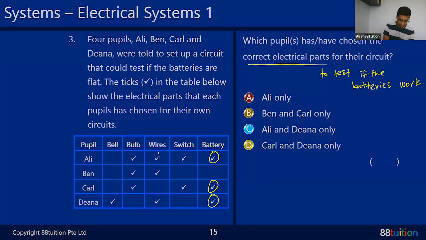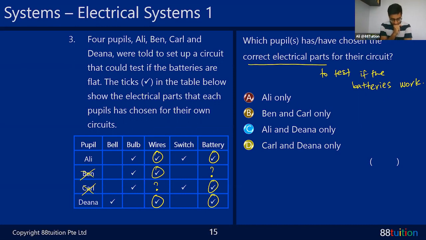And you need wires. Okay? So Ben doesn't have a battery, so he cannot be the one. And Carl doesn't have wires, so he also can't do the experiment. You got it? So only Ali and Deana can.